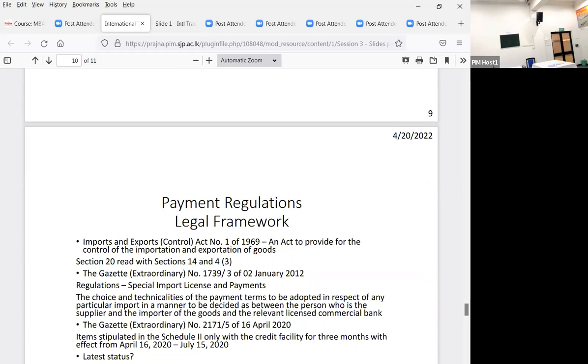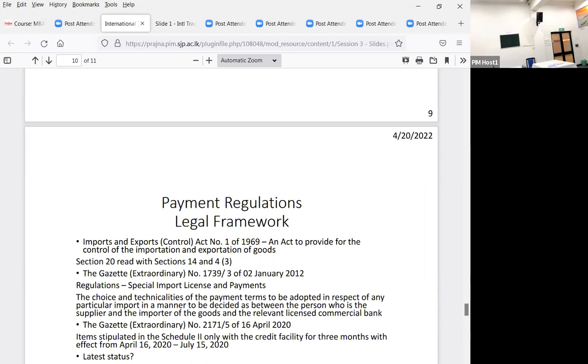So here, it is a very risky one, because you are sending the goods without any payment involved or any assurance of the payment, because there is no bank involved. The bank will be involved only when the money is sent through.